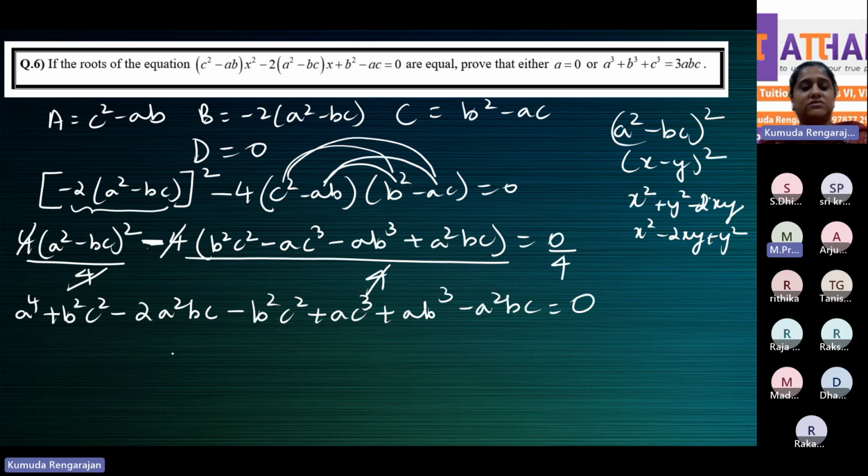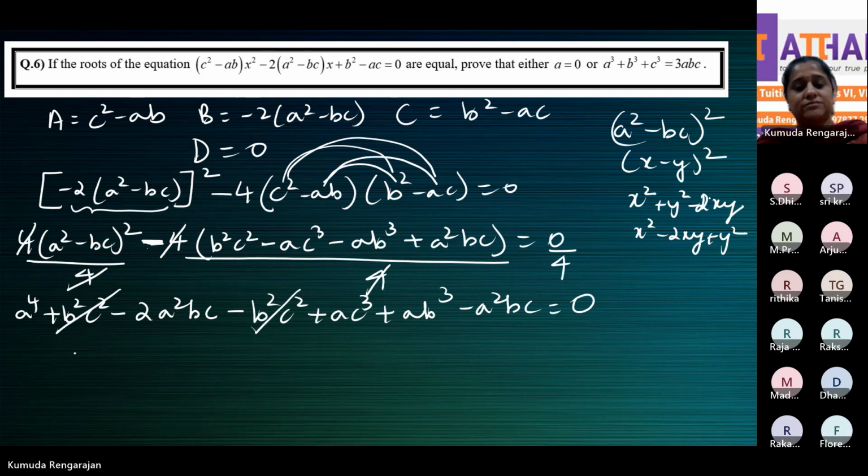B square C square, it's cancelled. Then minus 2A square BC minus A square BC gets minus 3A square BC. Then anything else we have? No, ma'am.